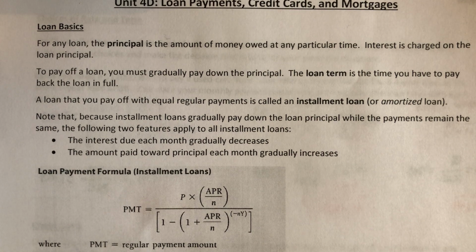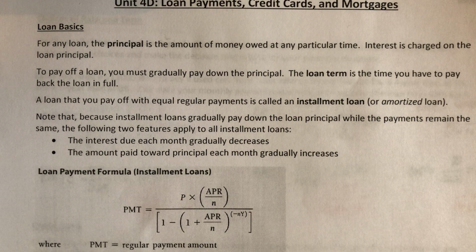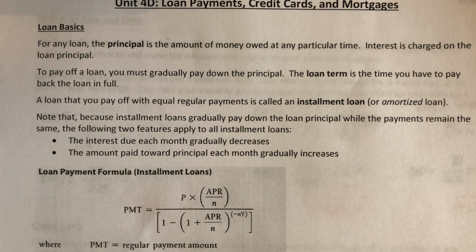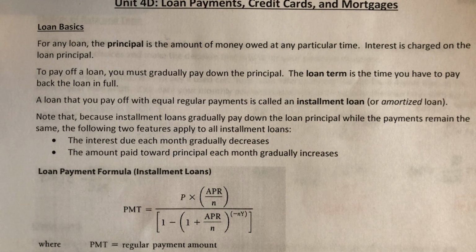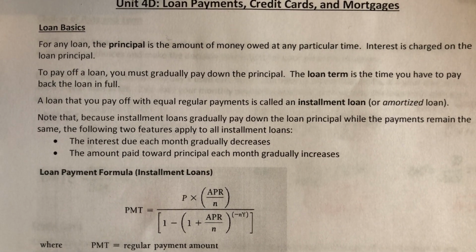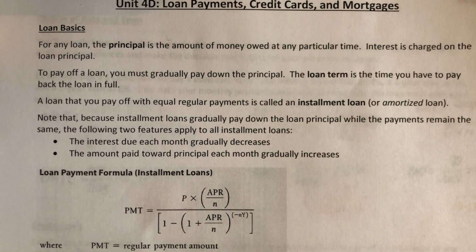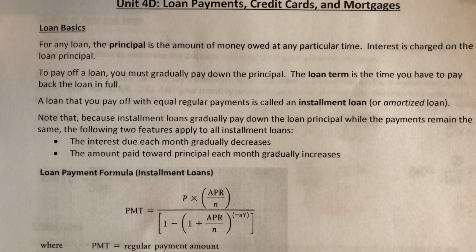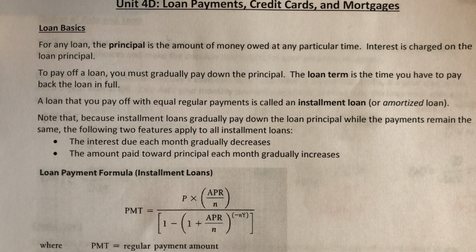It's extremely easy to make a mistake, to miss a parenthesis, to miss a negative, and if you do that, your numbers are going to be off. So make sure that you plug everything in and make sure that your answer makes sense. If it doesn't make sense, it's probably wrong. Just keep that in mind. Don't plug the numbers in and write down whatever comes out. Make sure you put it in correctly and also make sure that the answer makes sense.